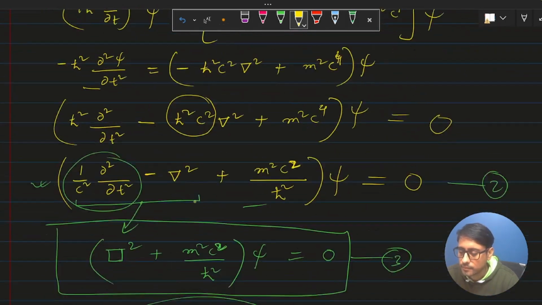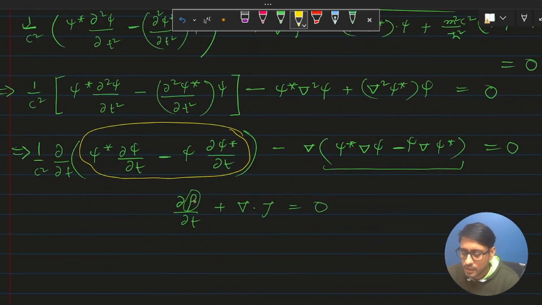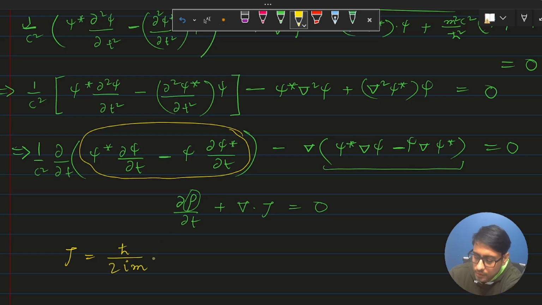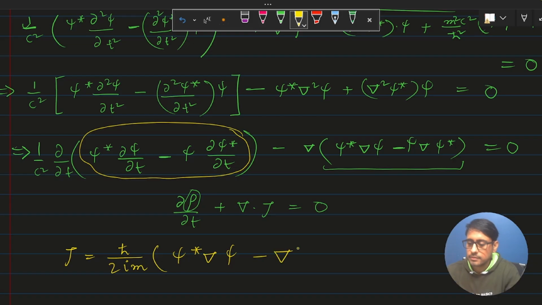The j we have from the Schrödinger equation is h bar over 2im, psi asterisk del psi minus del psi asterisk psi.